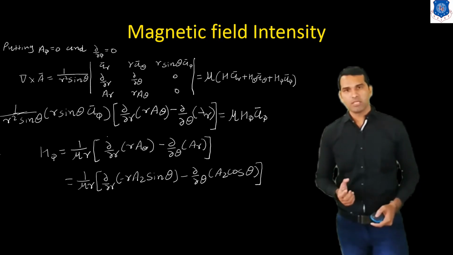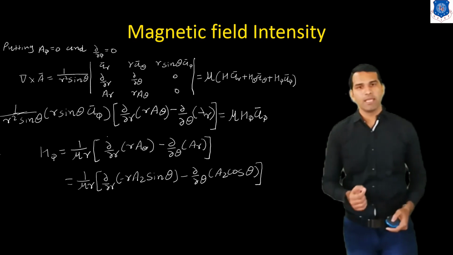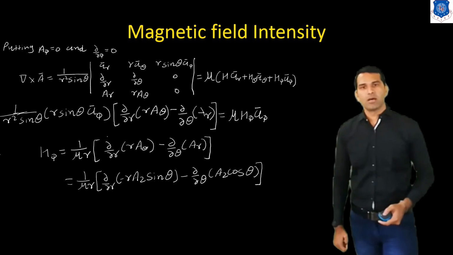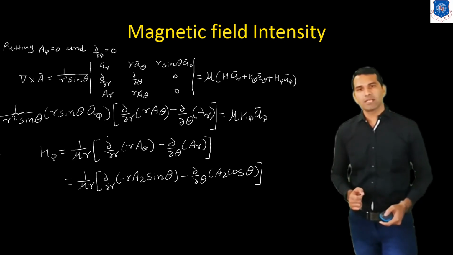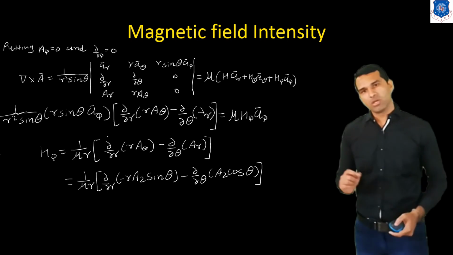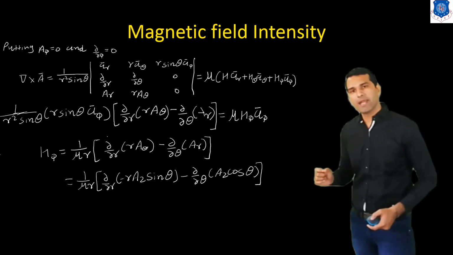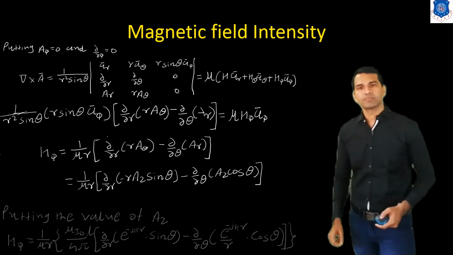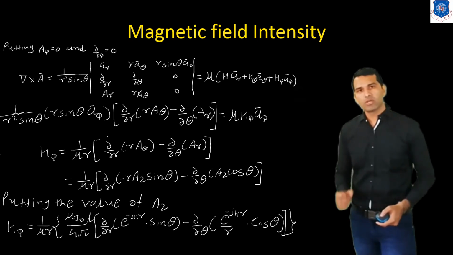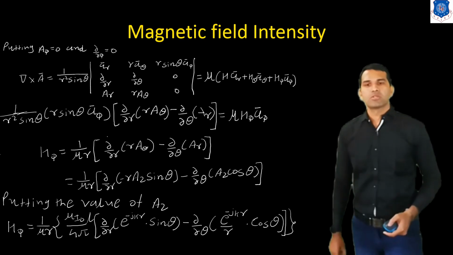When we solve this equation, we put in the value of A theta and the value of Ar. So we can write the equation as 1 upon mu r, del by del r of minus r Az sin theta, minus del by del theta of Az cos theta. So here we substitute the values of A theta and Ar, and now we substitute the value of Az.